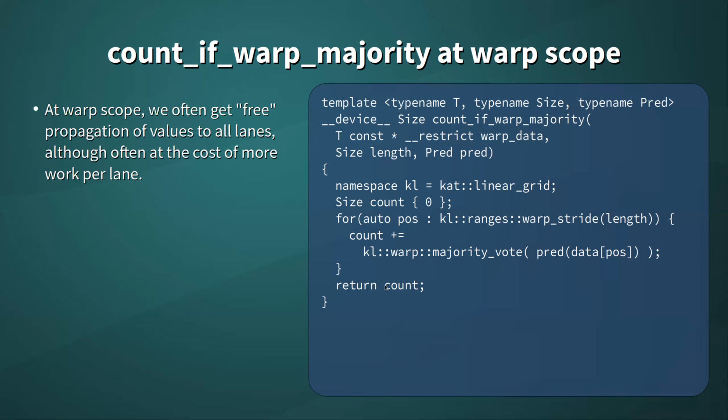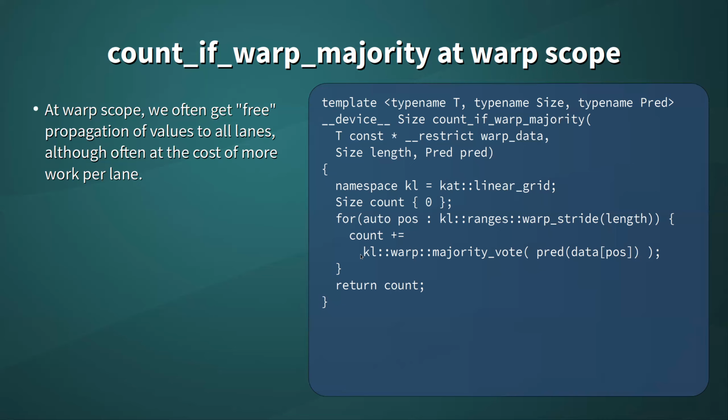Now, you'll notice that every thread returns the count that it itself has computed. And the reason is that a lot of the times when we work at warp scope, there's free propagation of some values. So the majority vote collaboration primitive lets every lane in the warp, or every thread in the warp, get the same value.